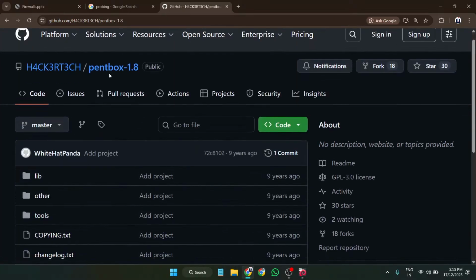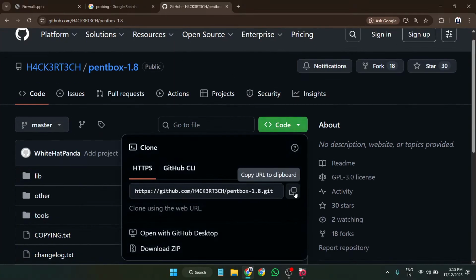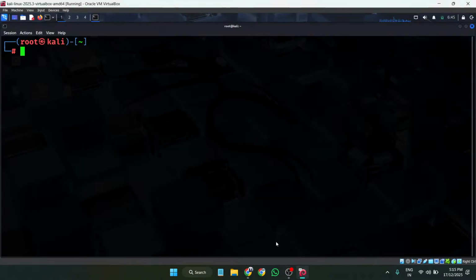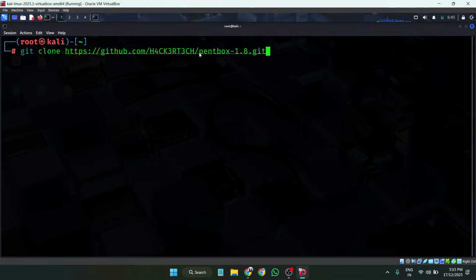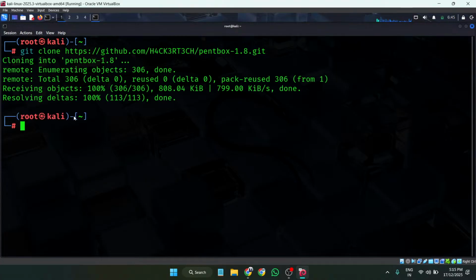This is the one that I usually use. So we'll copy the code and then git clone. HackerText Pentbox 1.8. So I'm just installing it, done.